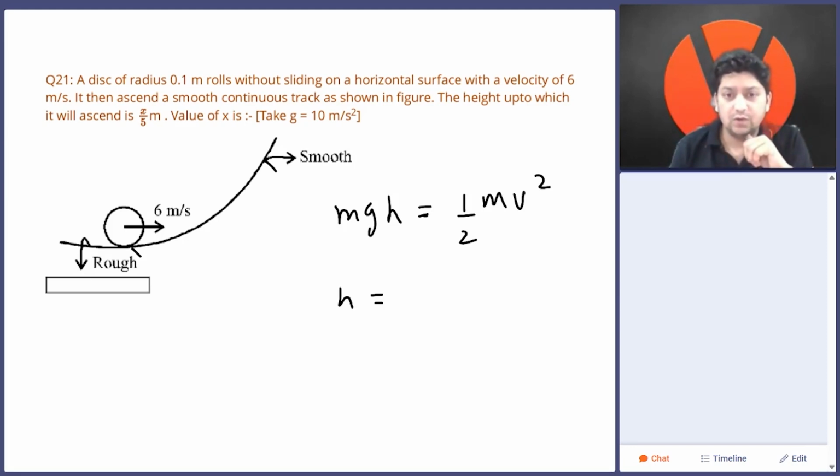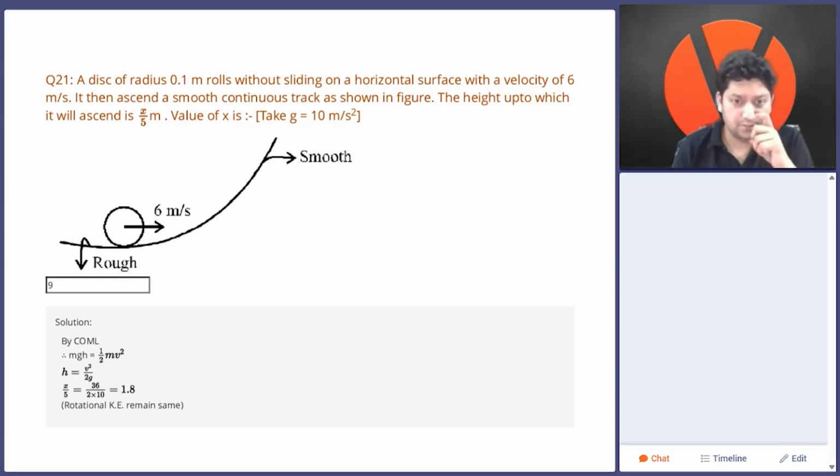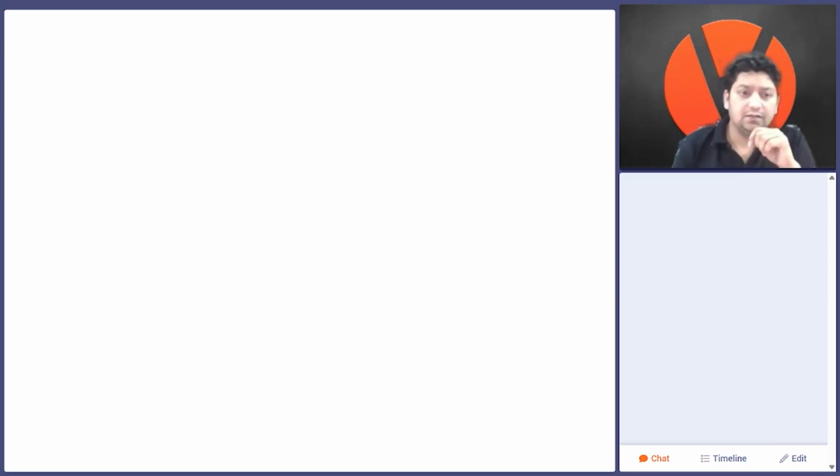So h will be equal to half v square by g, 6 square by 2 into 10. Nine is to 5. 9 is the correct answer.